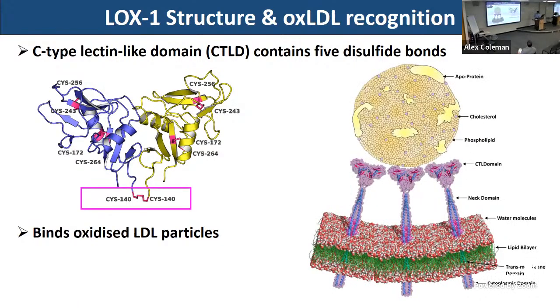So if you see, this one is oxidized LDL, and 3 molecules of CTLD dimers come together and interact with the oxidized LDL, which is responsible for atherosclerosis. So we mostly focus on the CTLD domain to inhibit the interaction between this oxidized LDL and CTLD.